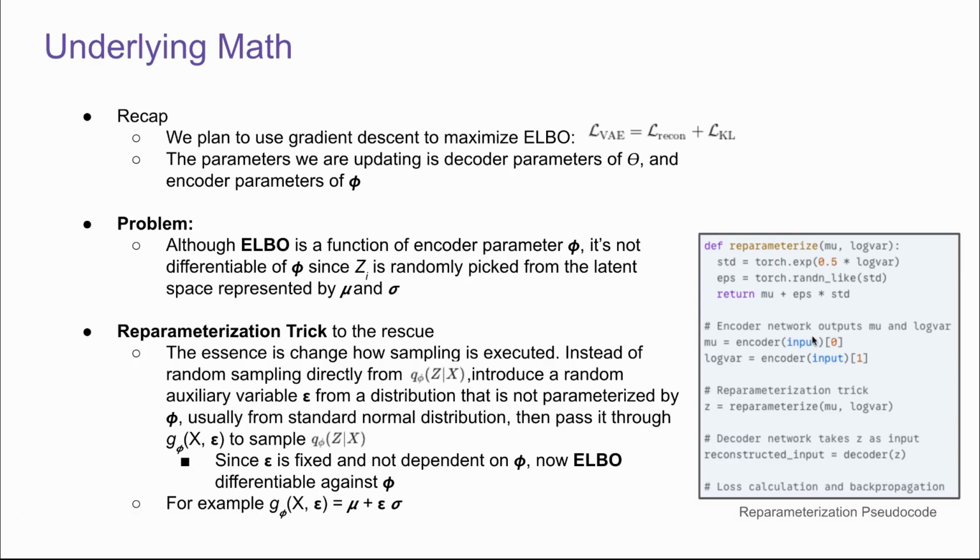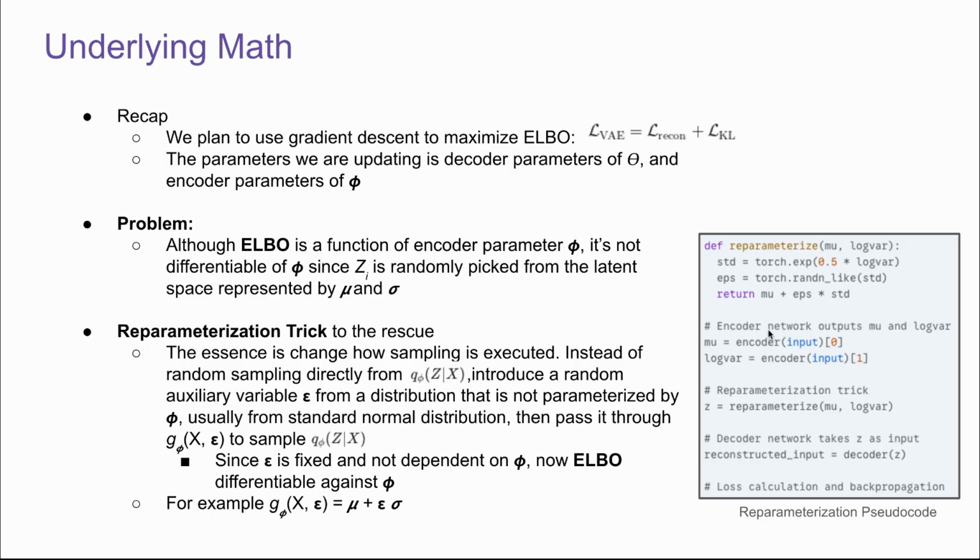For example, the most typical g function is mu plus epsilon times the standard deviation. Here is a pseudocode of the reparameterization. The reparameterize function takes mu and the log variance, where variance is basically the square of standard deviation. So we transform this log variance to standard deviation, and then we sample an epsilon and return mu plus epsilon multiplied by the standard deviation, which is our g function here.